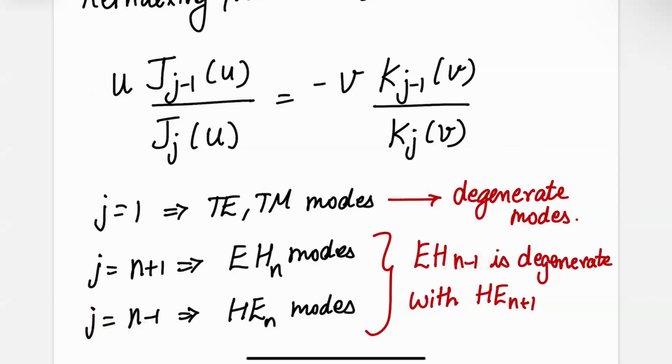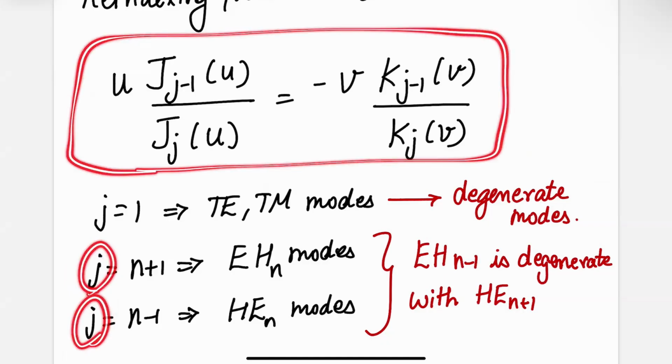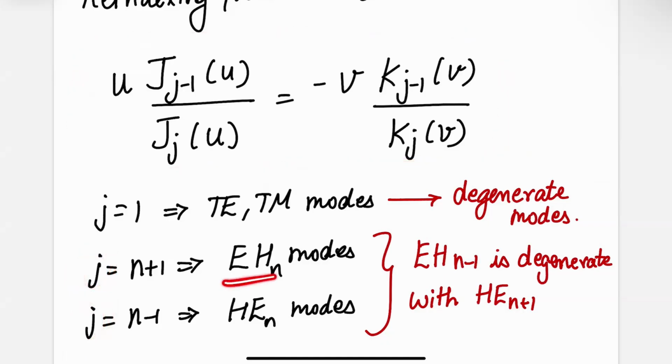In the EH case, if I put n minus 1 here, that also gives me j equal to n, right? So the j is the same. Basically, if I choose EH3, it's the same as HE5, right? EH3 gives me j equal to 4. HE5 also gives me j equal to 4. And when they're both the same j, which means they have the same dispersion relation, right? So there is a degeneracy between EH n minus 1 and HE n plus 1. These two cases also get the same beta.